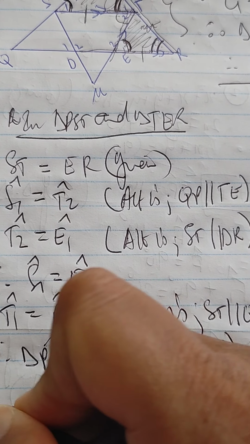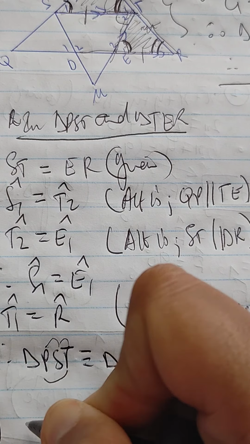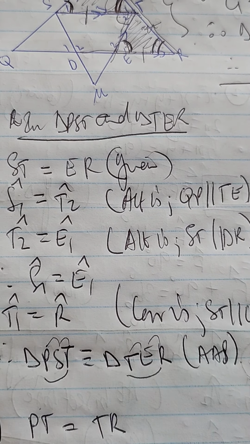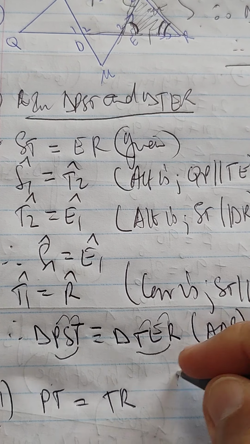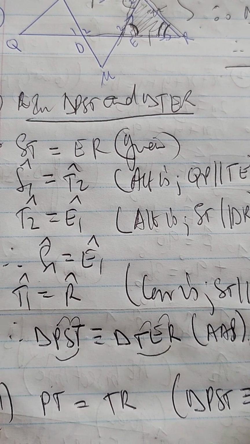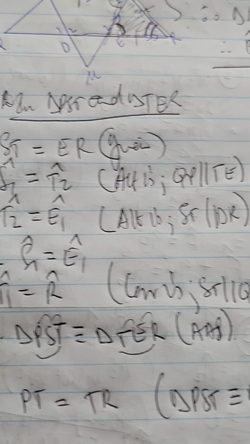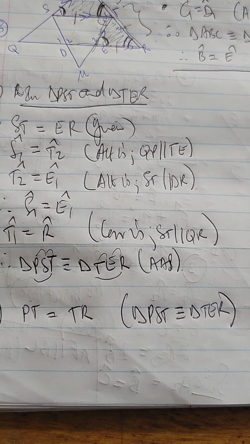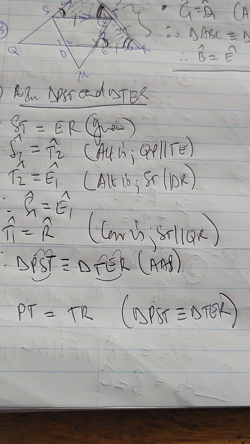And that's actually what I want. So for number 2, this is how we answer it. We then say that PT is equal to TR. Why? Because triangle PST is congruent to triangle TER. And that is enough to conclude that they are equal.